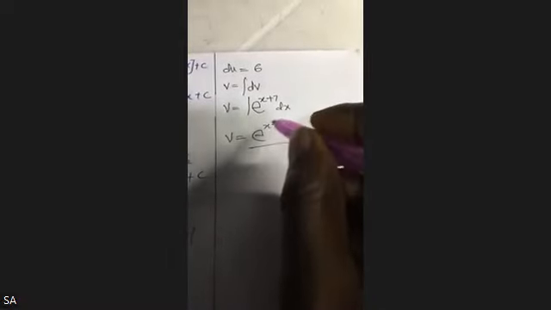So if you integrate this, our v will give us e raised to power x plus 7 divided by, remember, if you differentiate x plus 7, you're going to have 1, times ln e.